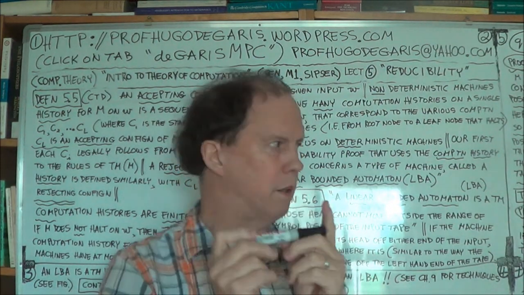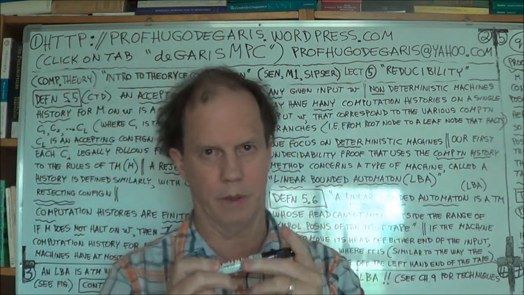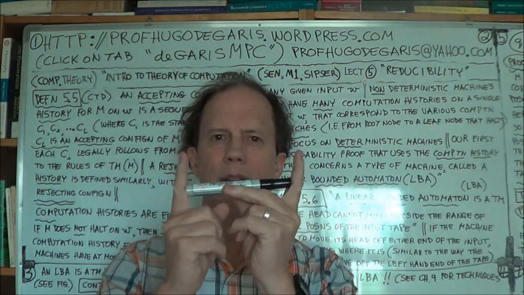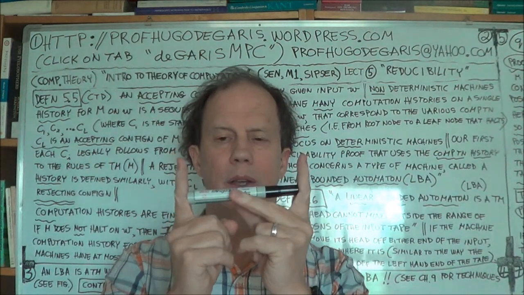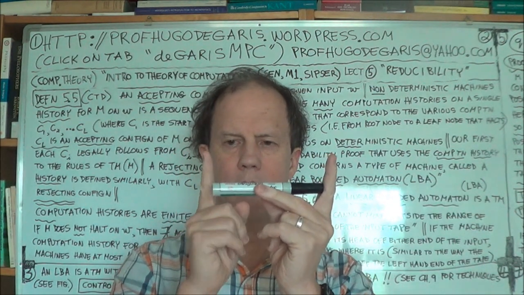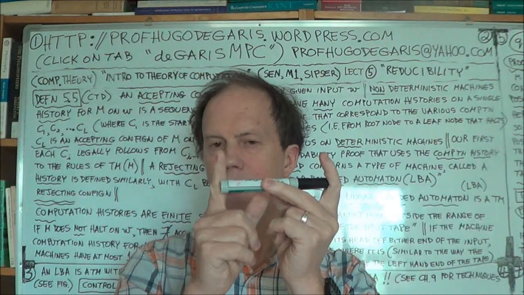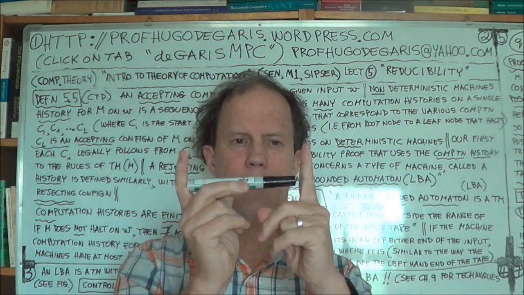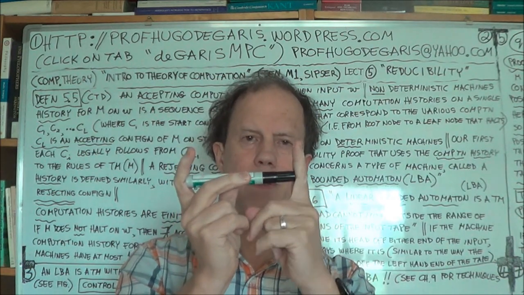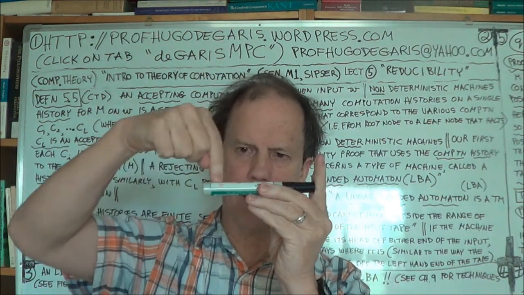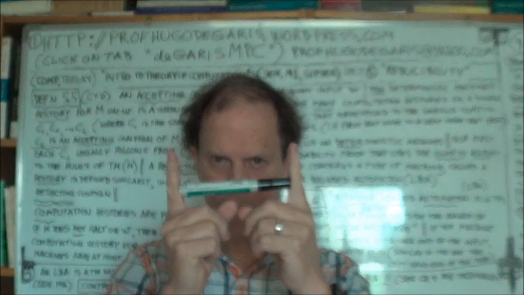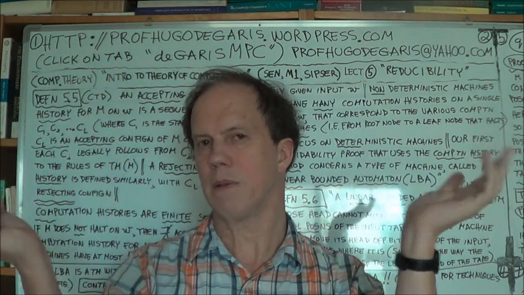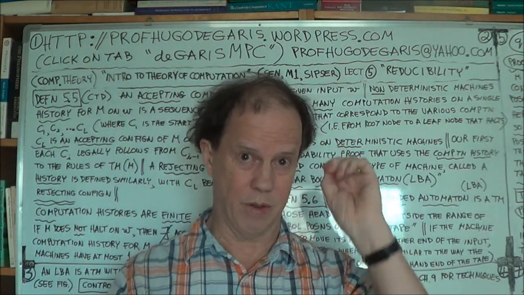The LBA, linear bounded automaton, is just like an ordinary Turing machine, except that the read-write head is not allowed to go to the left of this first square, and not allowed to go to the right of this last square. It can move back and forth within those two boundary points, but it's not allowed to go outside. That's what a linear bounded automaton is.